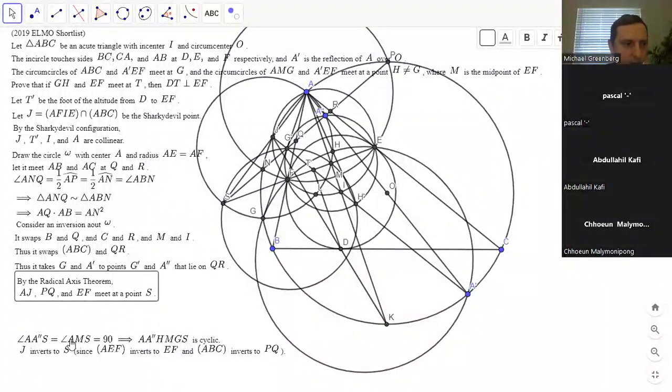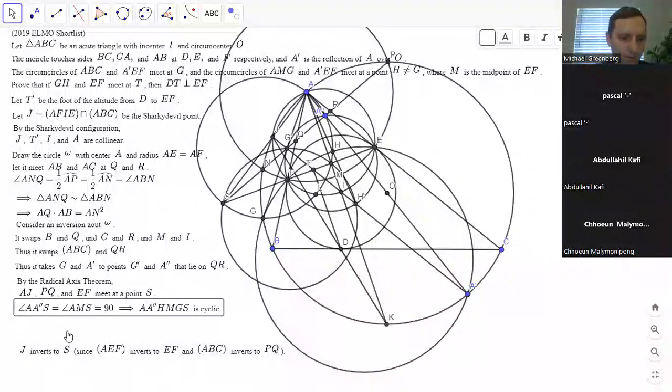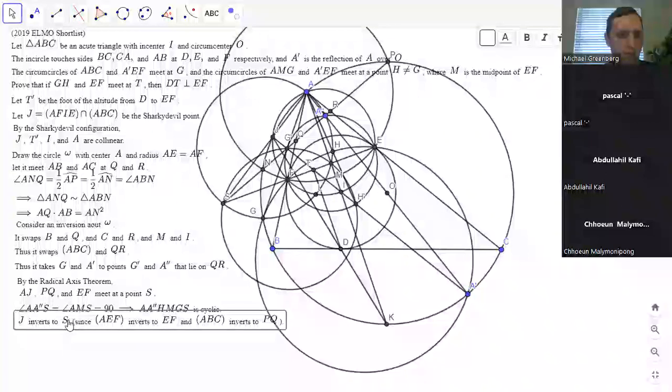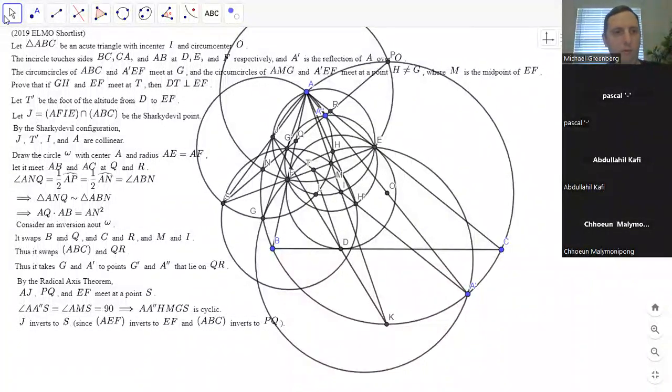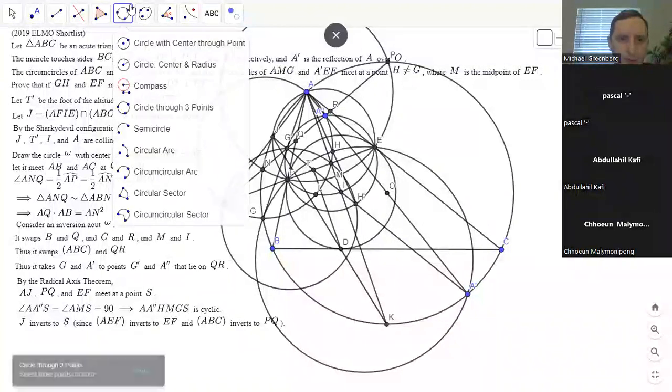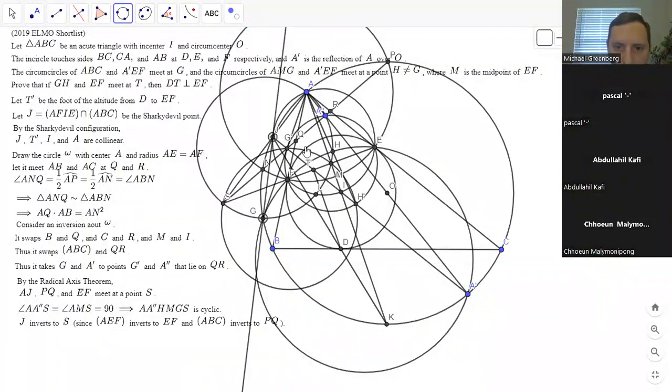All right, let's try to work backwards. I'll spend just a couple more minutes on this. So what do we want to show? We wanted to show that JHIG was cyclic. Then we try to invert those points, and we got S, M, G prime, H prime.